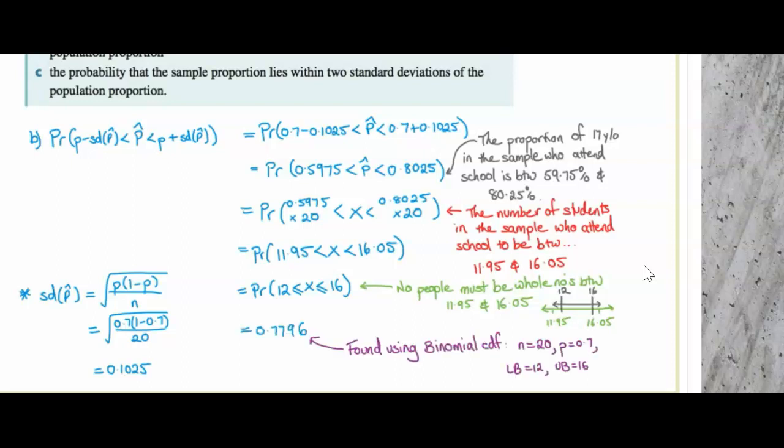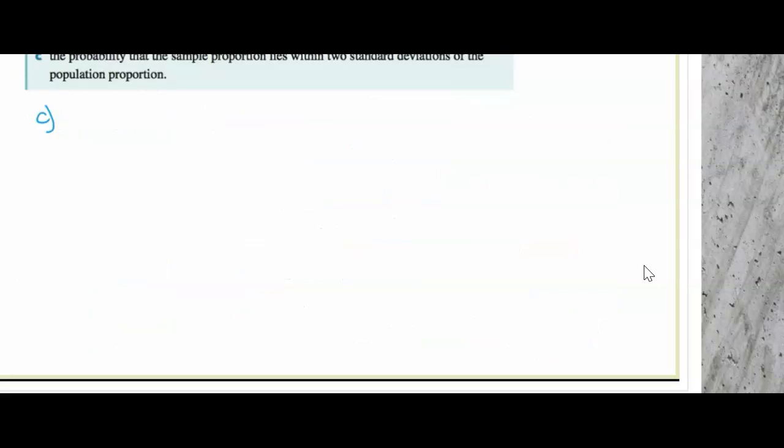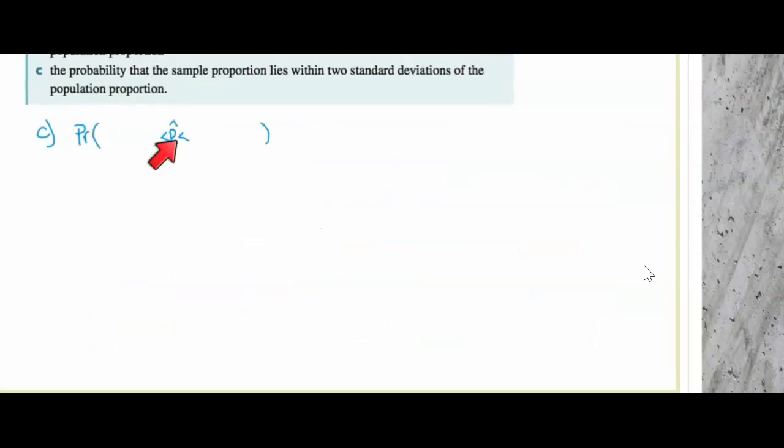To evaluate that probability, we need to go to binomial CDF. We set the number of students to be 20, the probability of success to be 0.7. The lower bound is 12 and the upper bound is 16, and that will generate a result of 0.7796.